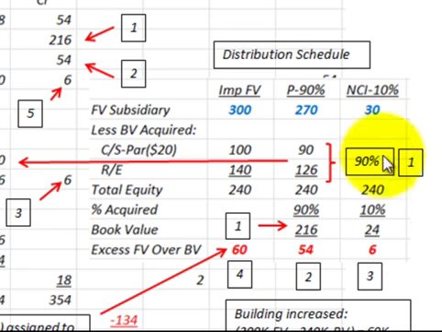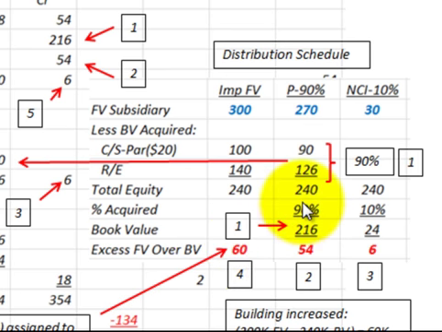And then the non-controlling interest, they would have got 10% of the $240,000, or they'd end up with $24,000 for the book value of the equity. So looking at the difference to determine excess of the fair value over the book value, we just take our total equity assigned, subtract that from the fair value of the subsidiary, in this case $300,000 less $240,000. We get a total excess of the fair value over the book value of $60,000.